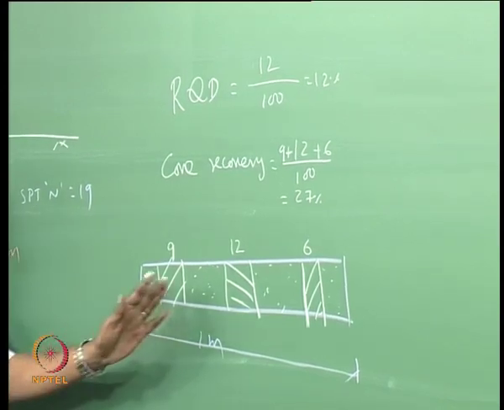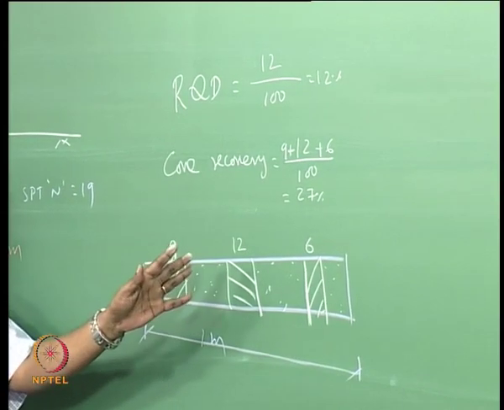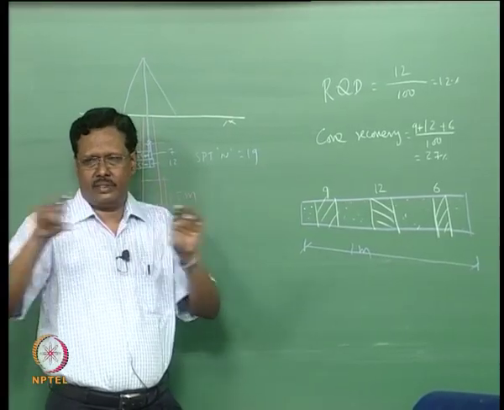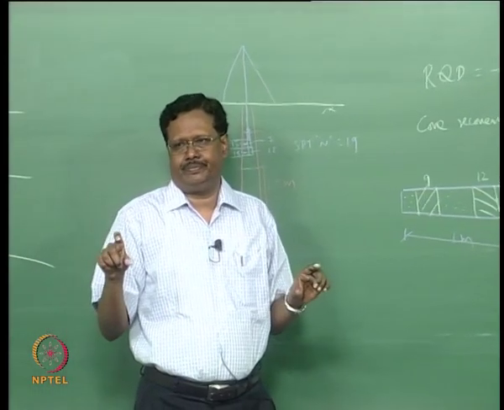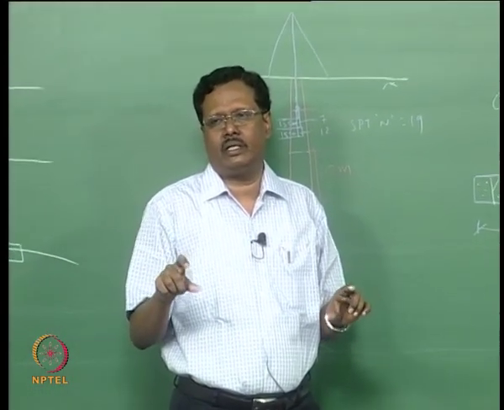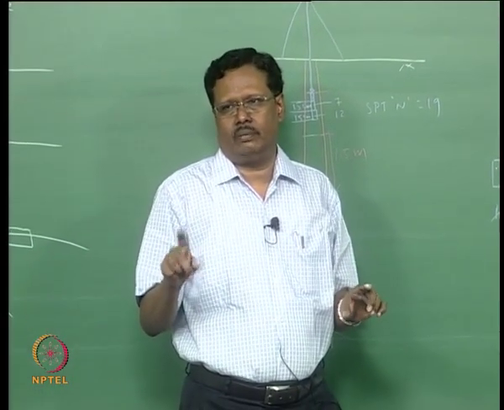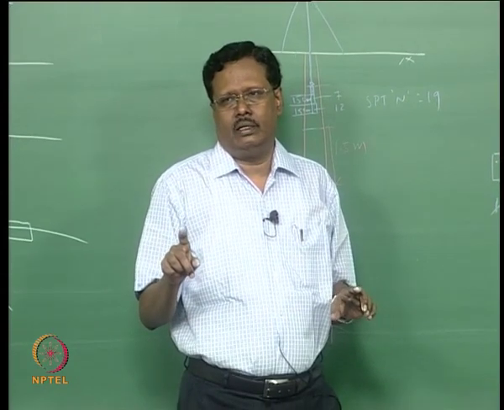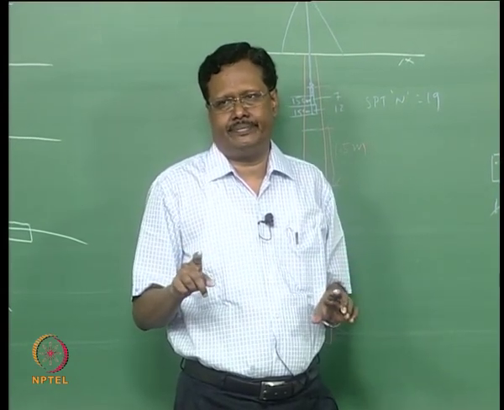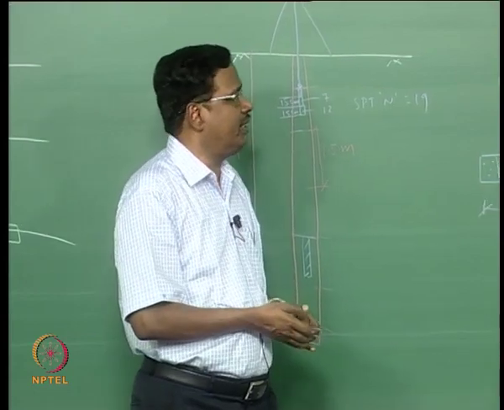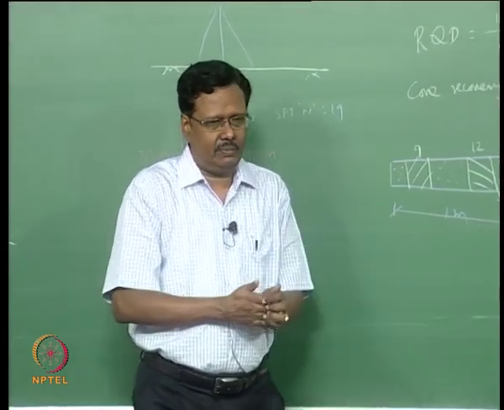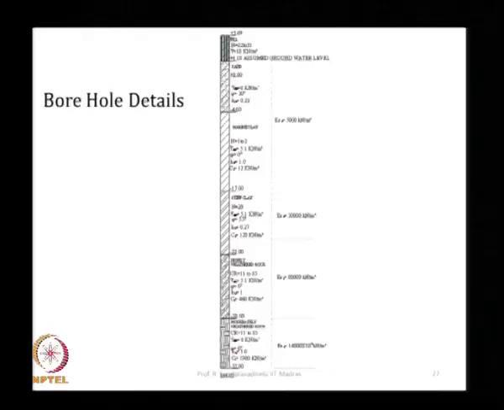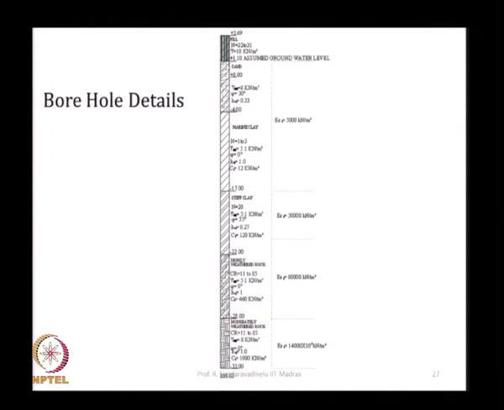You are getting only 3 pieces, sometimes 4 pieces, sometimes you will get a single piece of 1 meter, then core recovery and RQD is equal to 100%. That is a very good quality rock. So this gives some idea what is the type of rock. RQD is 0 for this particular layer, otherwise they would have given RQD here.